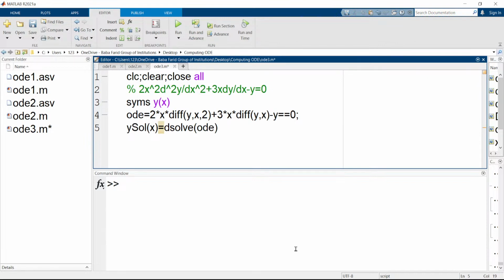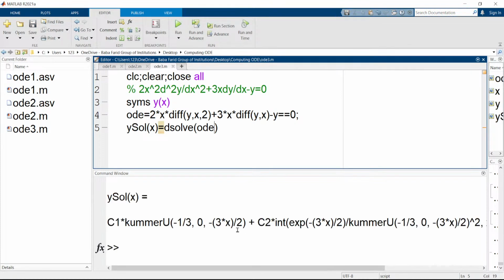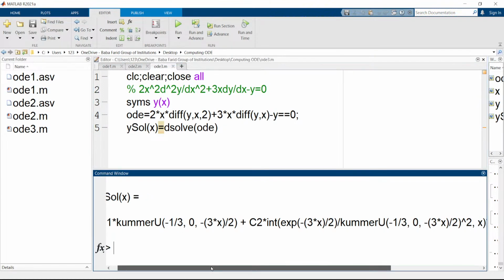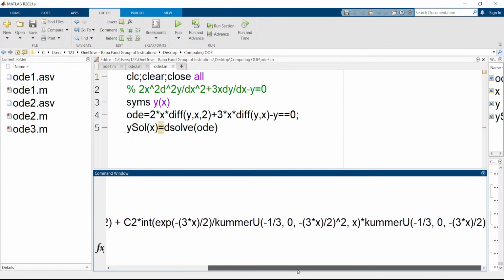When you execute this statement, it will return the solution of the above equation, and you can see when I execute we have the solution, dsolve ODE. This is the required solution for the above statement, and C1 and C2 are the constants.